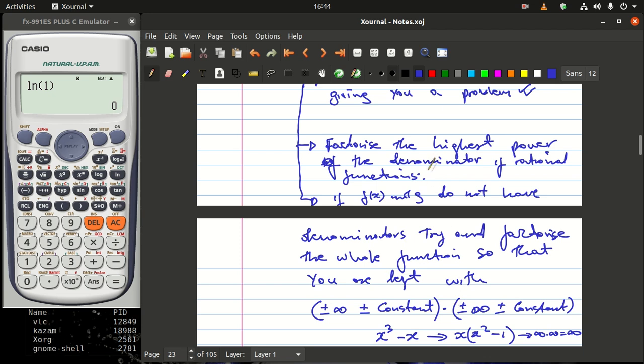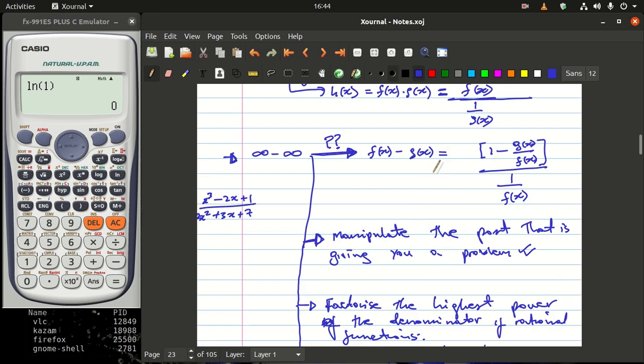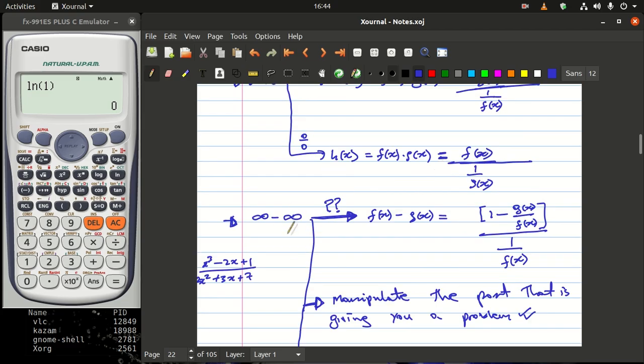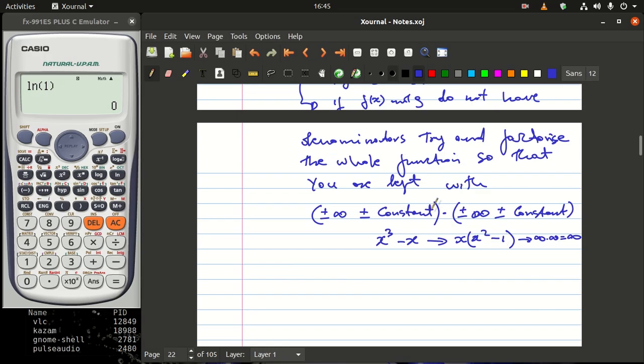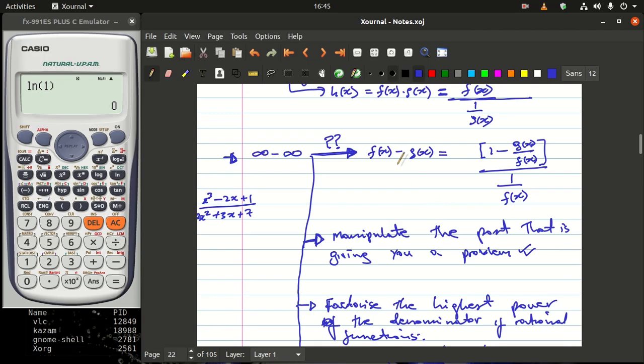Here this is the one that we started with in the beginning. This one is a little bit difficult to simplify, so you can go either this route or this route. But sometimes when you try this, in most cases you get stuck. I usually say trying to manipulate this one is more powerful.